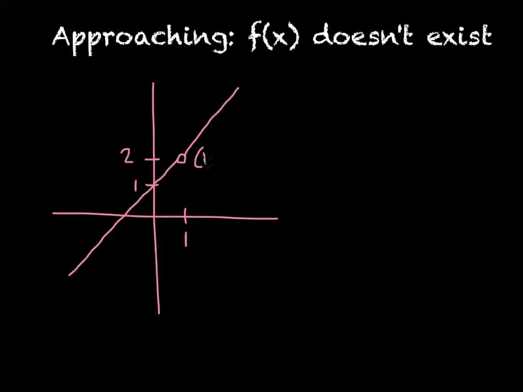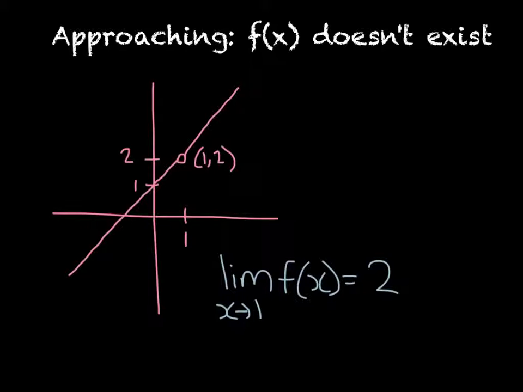So where there should be the point 1, 2, it actually does not exist. But instead, what we can say is that the limit as x approaches 1 of f of x equals 2. So as x approaches 1, then f of x approaches 2, even though we cannot say that f of 1 equals 2, because that wouldn't be true. In fact, f of 1 does not exist.